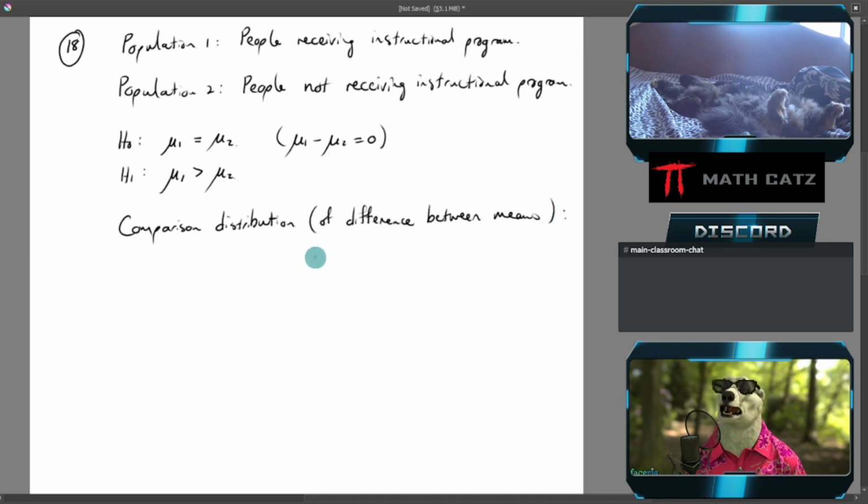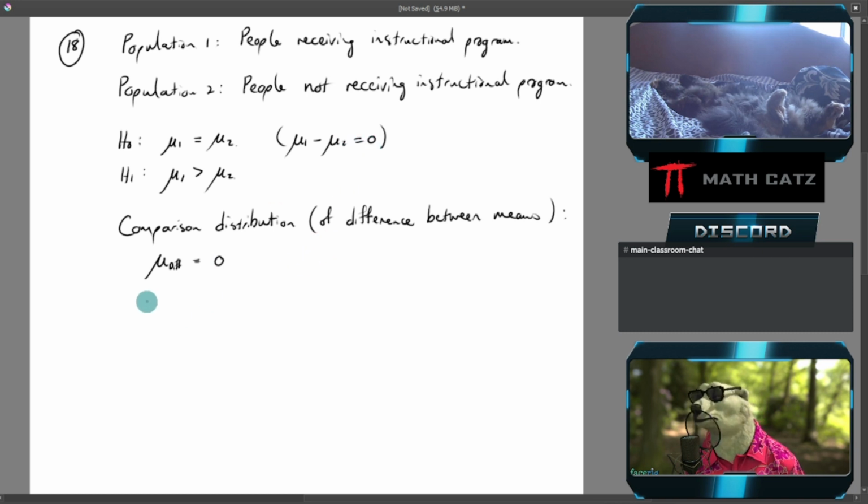So on the surface, it looks similar to the dependent means situation, but it's not quite the same. For the mean of this distribution, we'll call it mu diff, that under the null hypothesis will be 0.